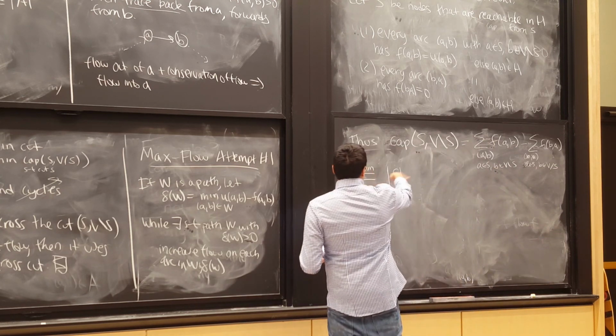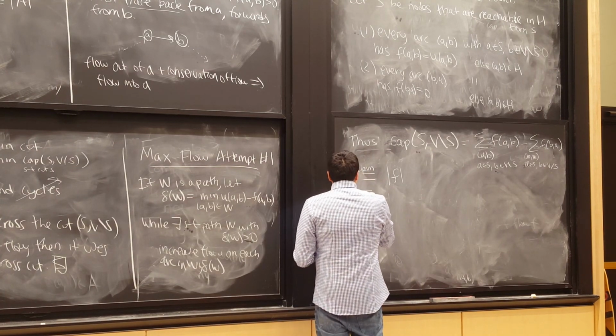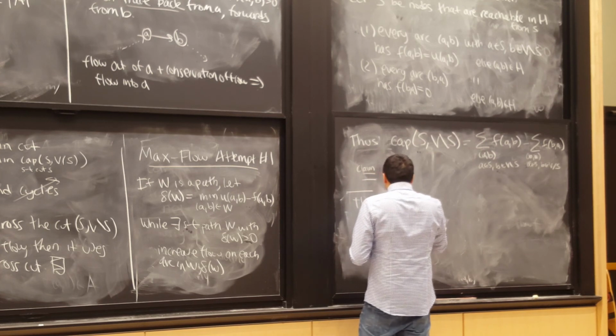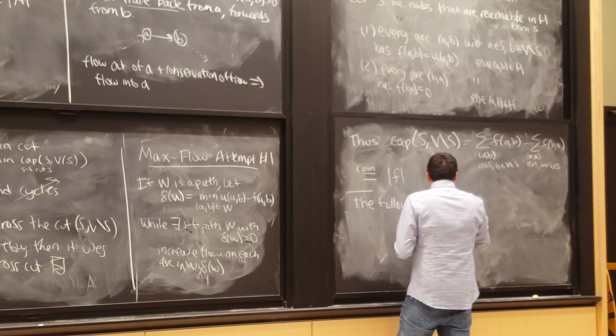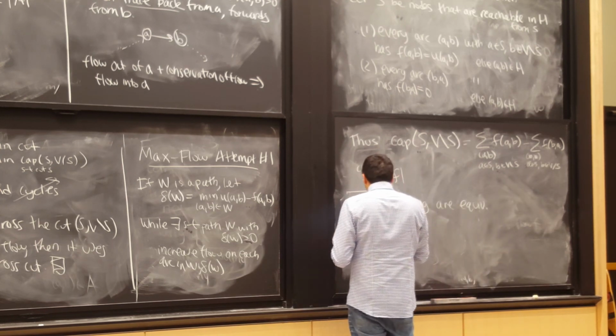So now we actually have this nice equivalent thing, and now what I claim is that the following conditions are all different ways to state that a flow is maximum. And this will be very useful in some of the discussion we do later.